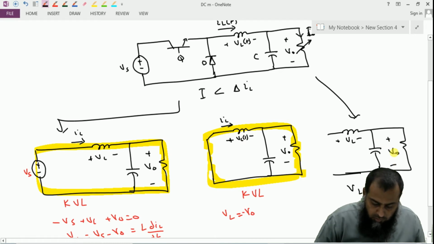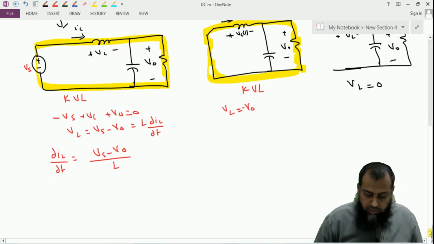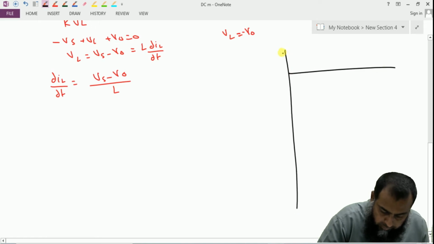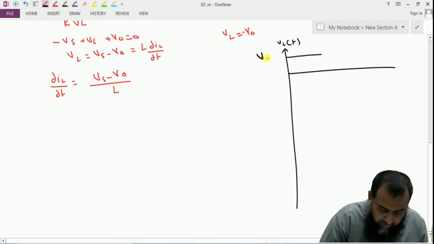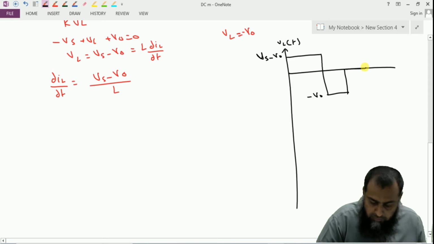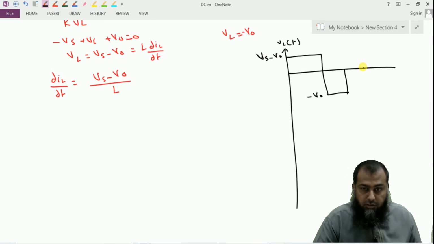So if we draw the waveform of the inductor voltage during these three subintervals, this is VL. During the first subinterval, it is Vs minus V naught. During the second subinterval, we have minus V naught, and during the third subinterval, we do not have any voltage across the inductor because there is no current that flows through the inductor. So consequently there is no voltage.